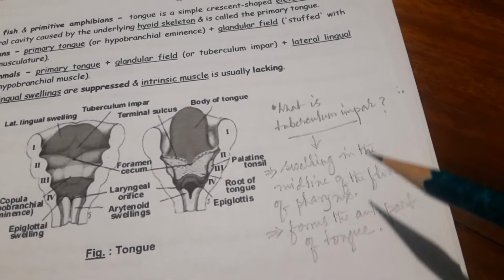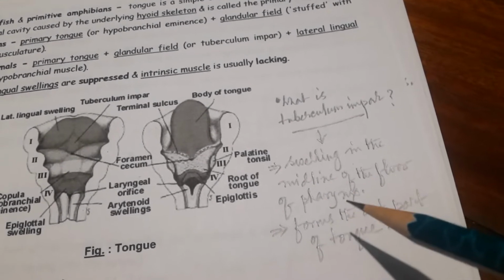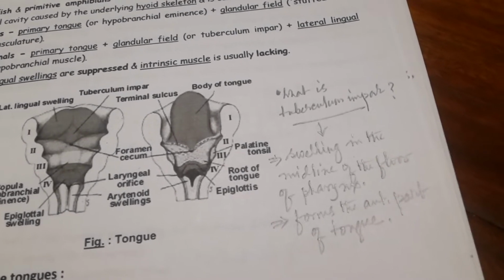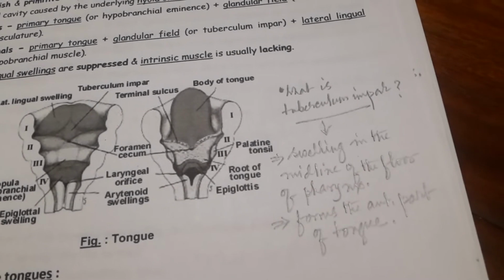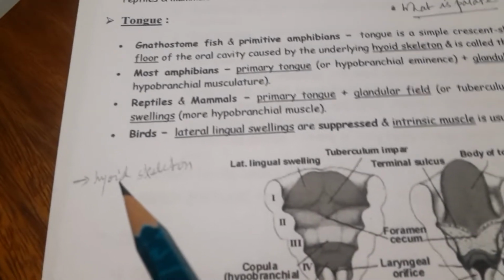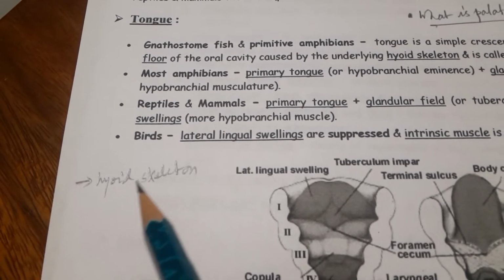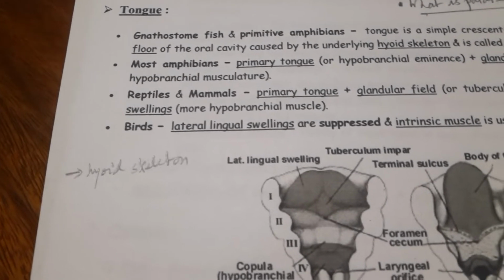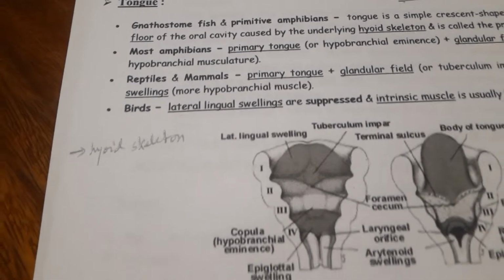Actually, the tuberculum impar is the embryonic swelling in the midline of the floor of the pharynx, and it also contributes to the formation of the anterior part of the tongue. Another important term is the hyoid skeleton. The hyoid skeleton is a hard skeletal part present at the base, at the floor of the tongue.